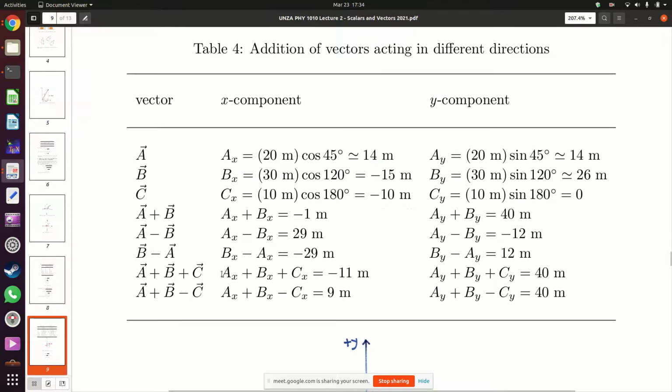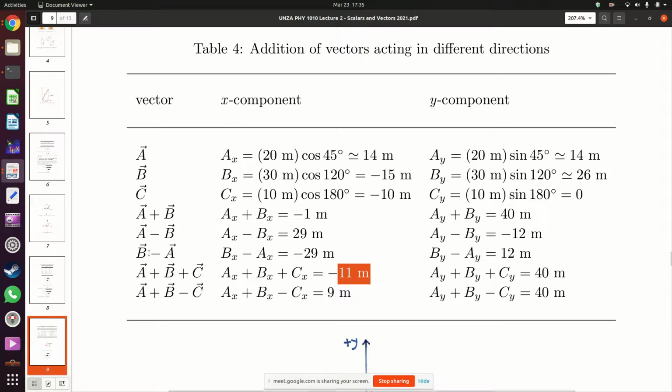So it's going to be 14 meters plus minus 15 meters plus minus 10 meters, and that's going to give you minus 11 meters. So the x component of a plus b plus c is negative, telling you that it's pointing along the negative x-axis and has a size of 11.